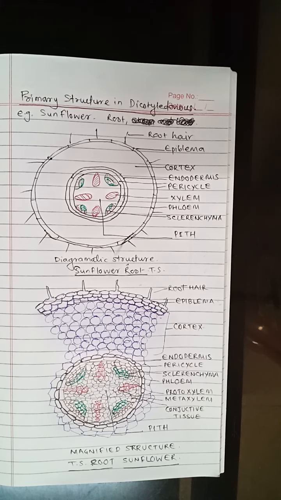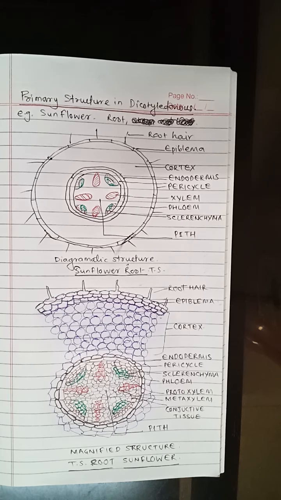Then cortex. Below the epiblema many layers of parenchyma with intercellular spaces are present. The cells contain leucoplast and starch. Sometimes the epiblema degenerates and the outer layer of cortex gets cutinized to form exodermis.